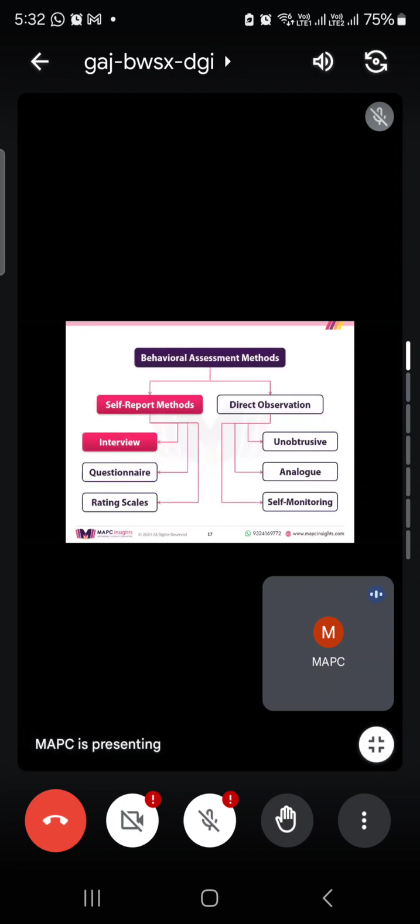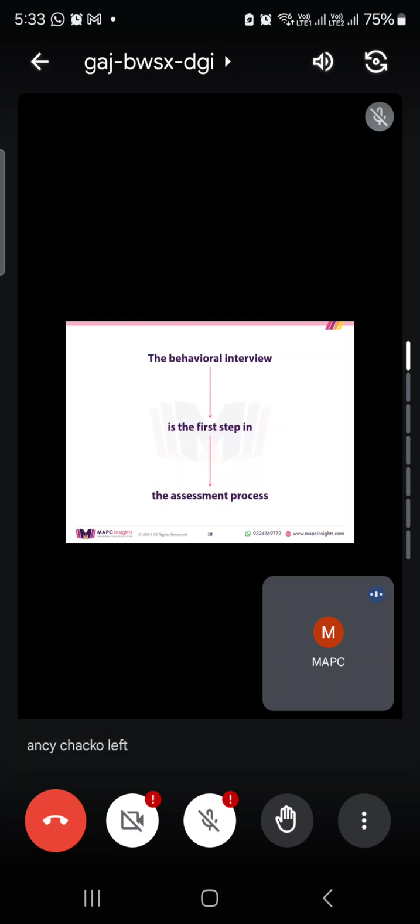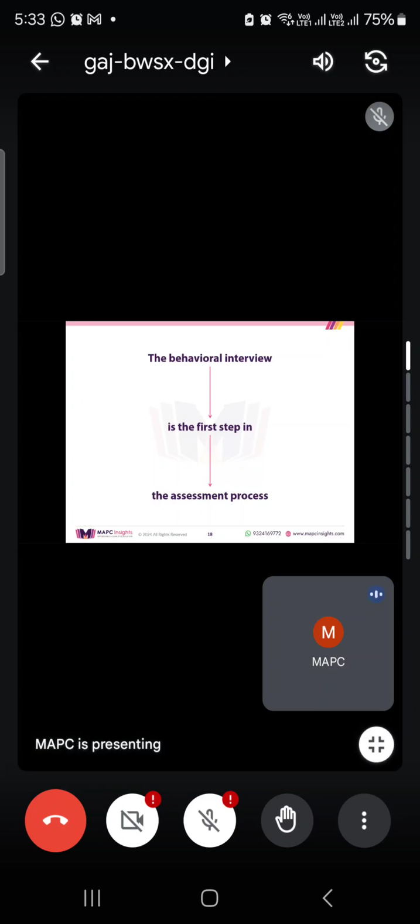That's what we discussed, the self report methods. Now we'll be talking about the interview method, then questionnaire, and then rating scale. Like this we'll be discussing all. The behavioral interview is the first step in the assessment process. The moment the client comes, the psychologist will interact with the client, and that interaction is nothing but the behavioral interview.